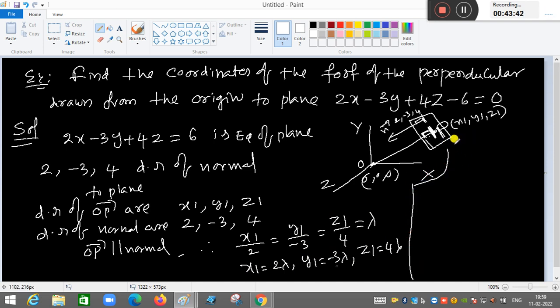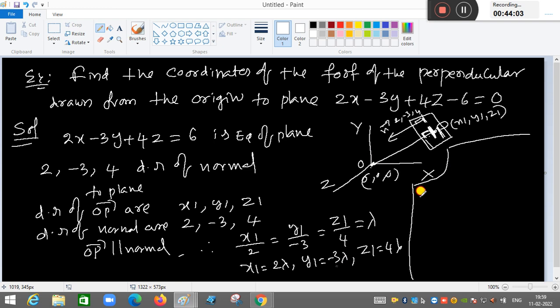Now x1, y1, z1 is a point on the plane. Substitute x1, y1, z1 in the plane to get the lambda value.